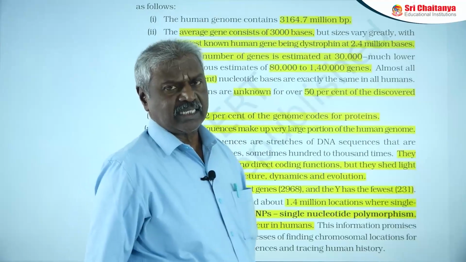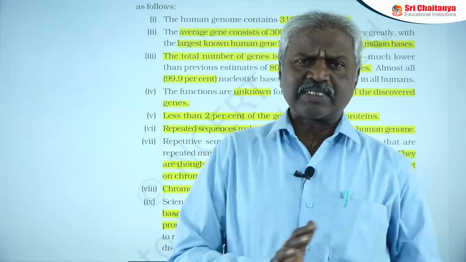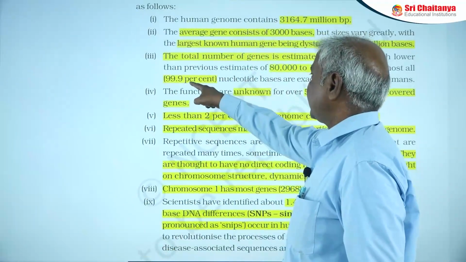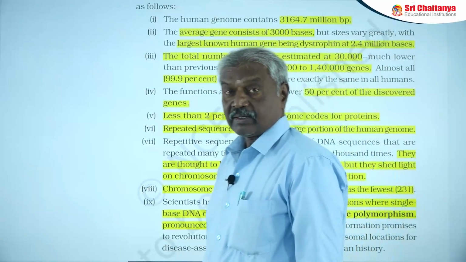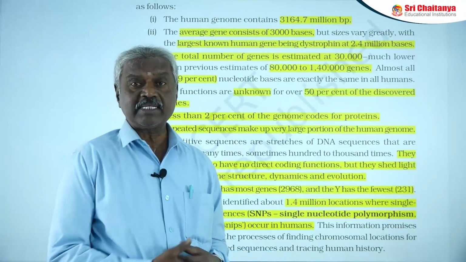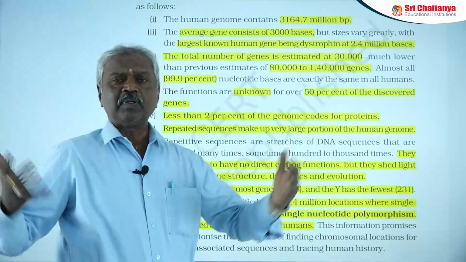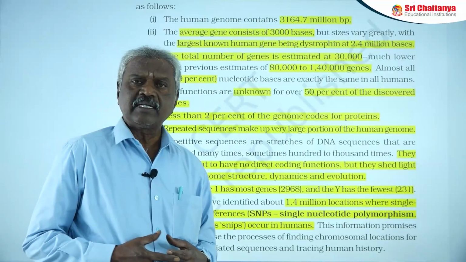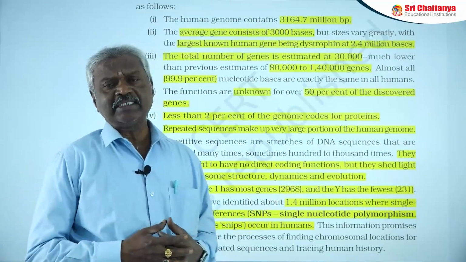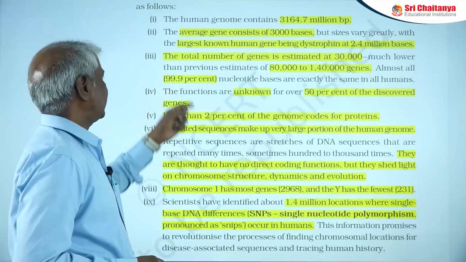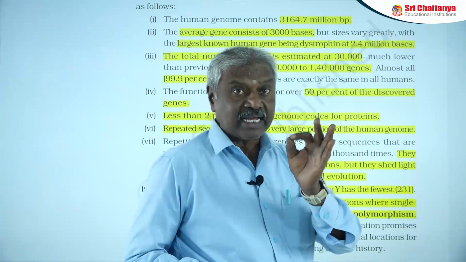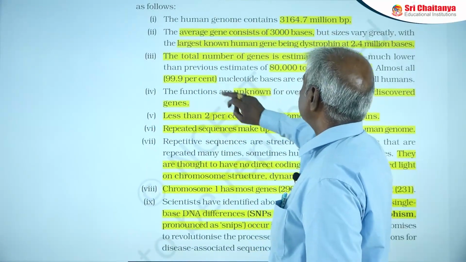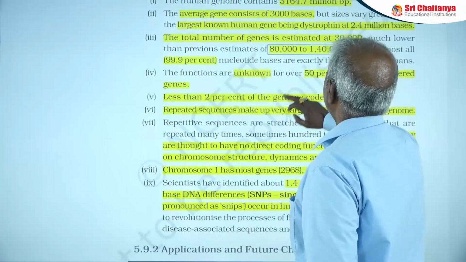And when these genes are compared from person to person, what is the identicality? 99.9%. It is amazing, because people look different, with different ideas, different morphology, different attitudes. But the DNA is 99.9% identical.